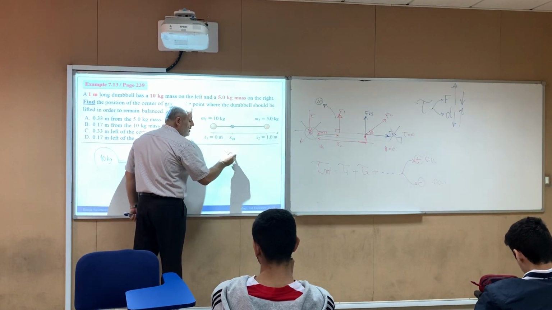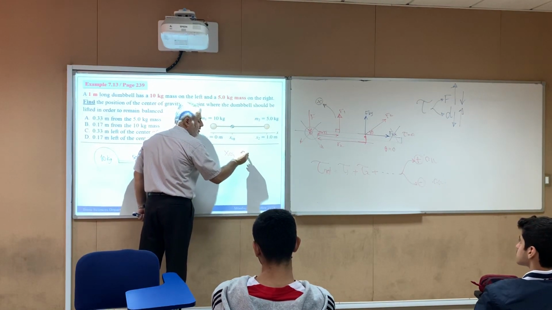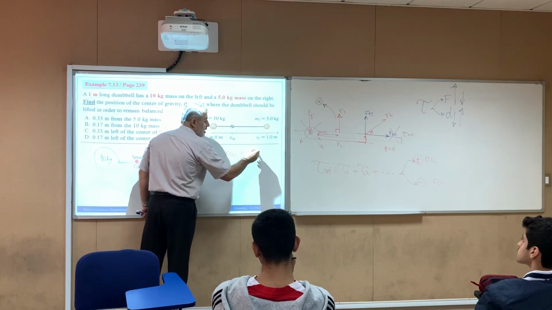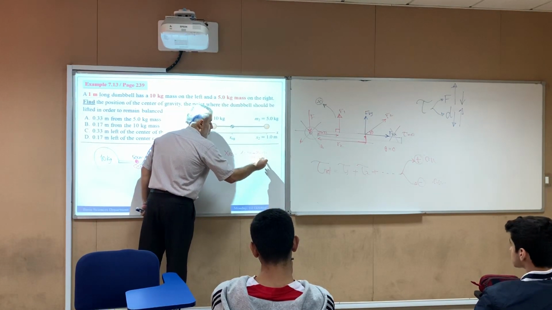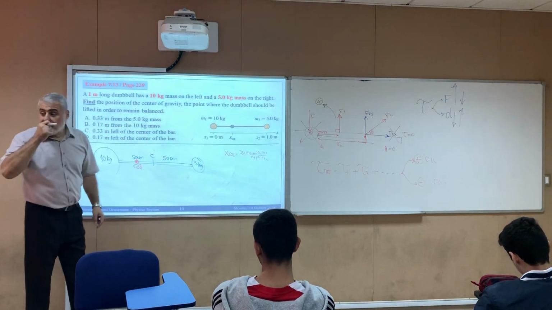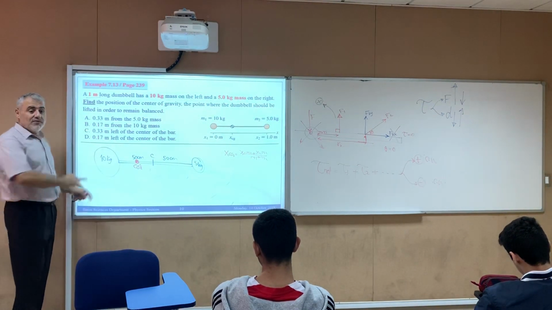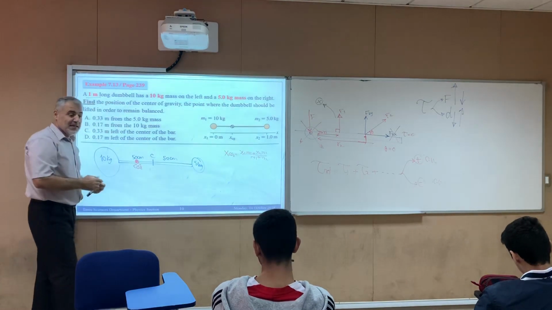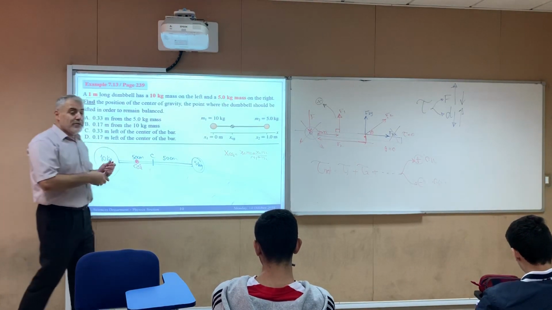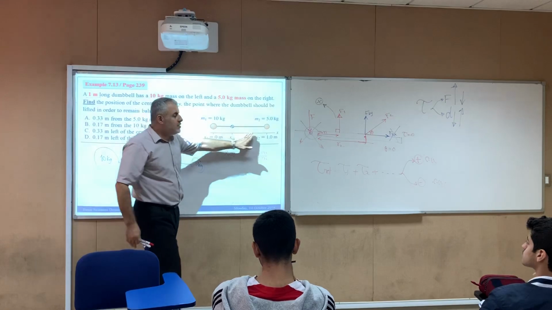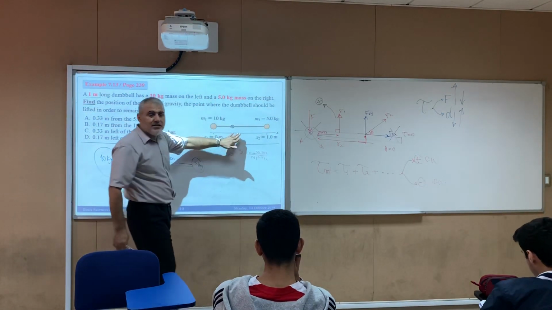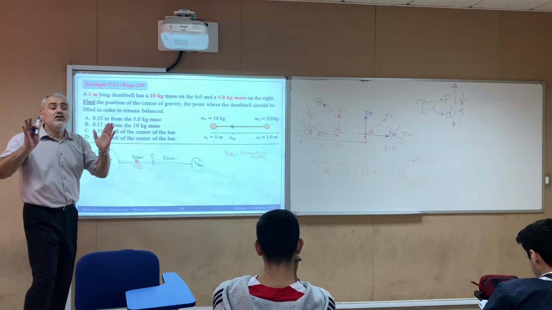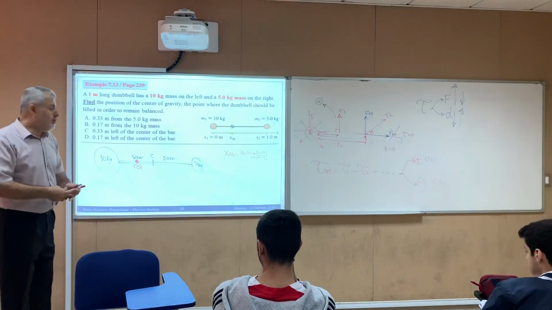Now we will use the formula: only X CG is equal to x1 m1 plus x2 m2 over the total mass. If you ask me why we don't use y, we don't have y, we have only horizontal. Sometimes this axis is not given, so you just set your own figures.